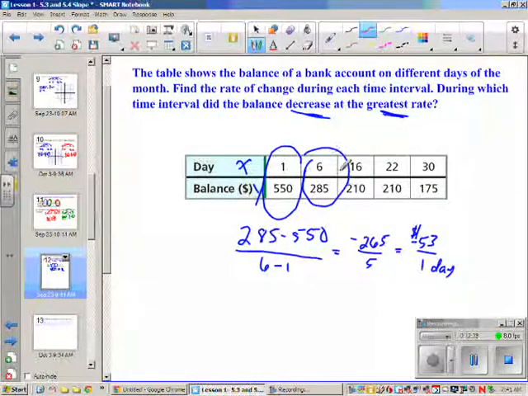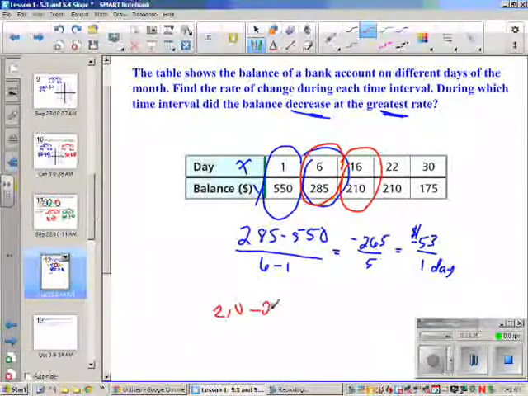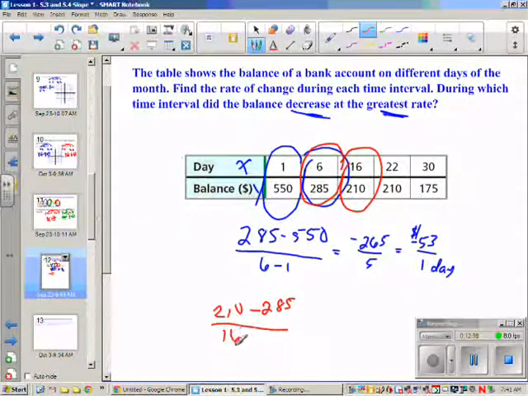So we're going to find the rate of change between the next set of points, 6 and 16. So I'm going to do 210 minus 285 over 16 minus 6, which gives me negative 75 over 10.